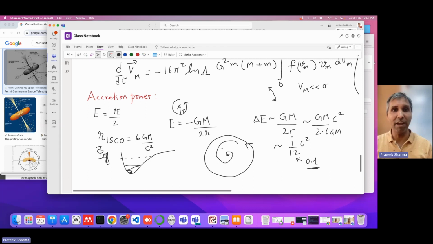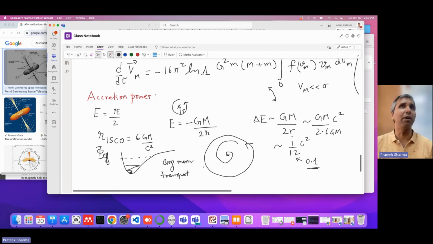And this is the famous angular momentum transport problem of accretion disks. How does matter lose its angular momentum and slowly spiral in?